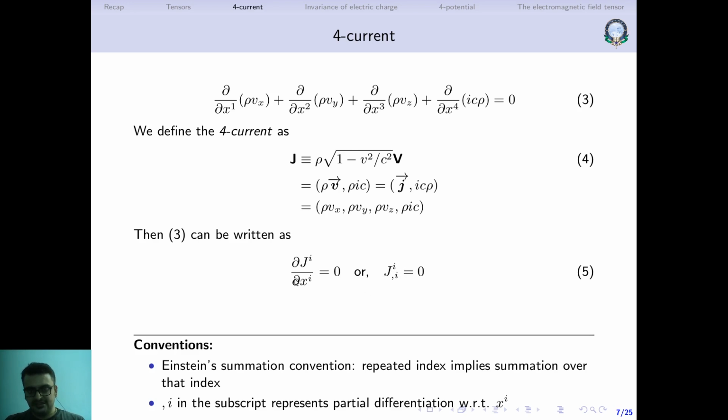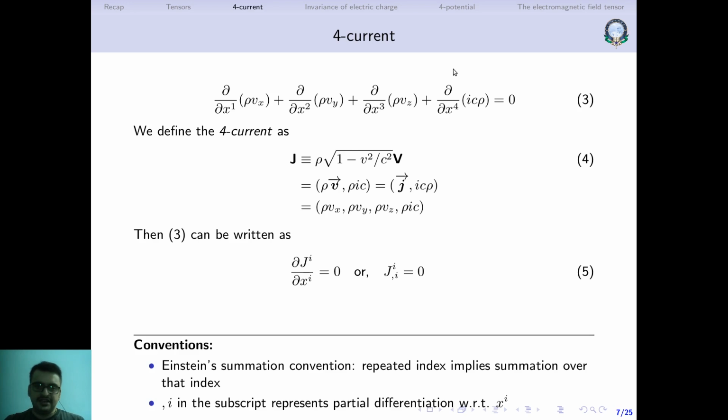What I'm doing is just hiding this entire thing. The dou by dou x is understood because there is a comma here. So the moment you see a comma i, it means we are differentiating Ji with respect to xi, which is exactly what we are doing over here.